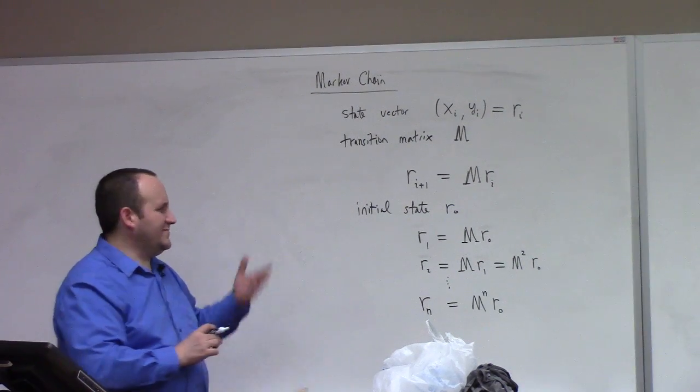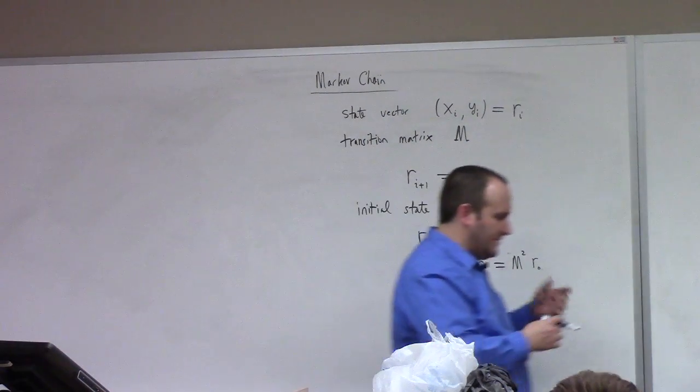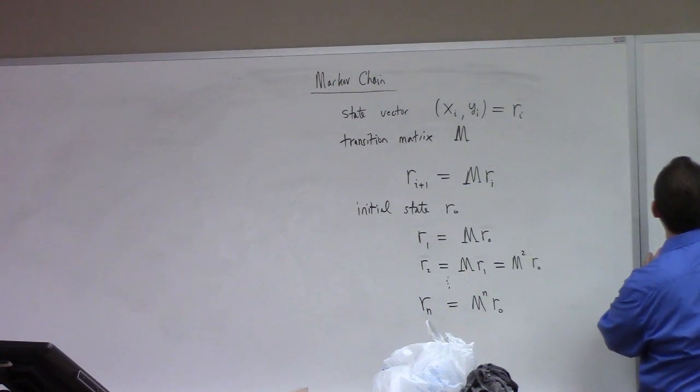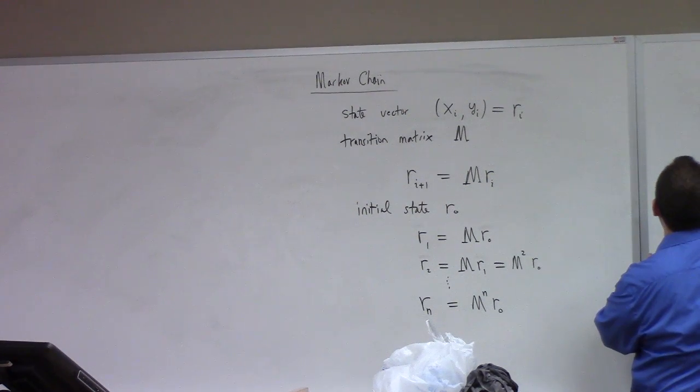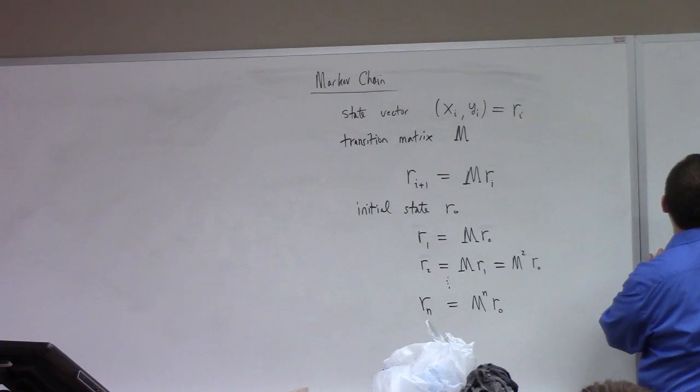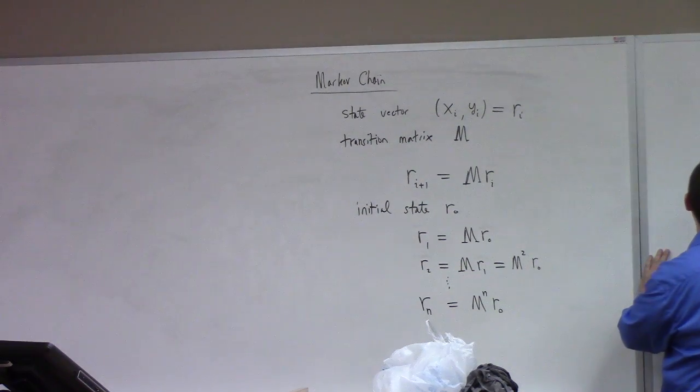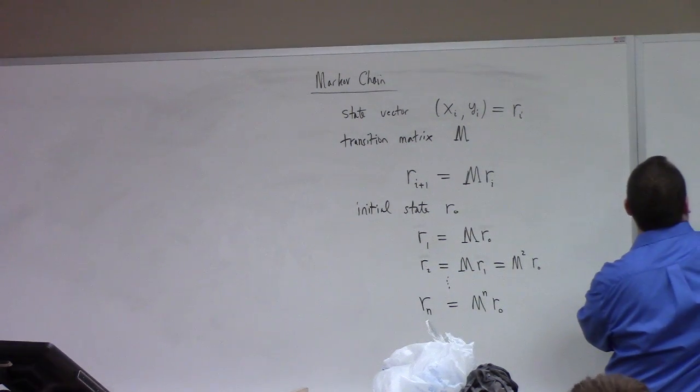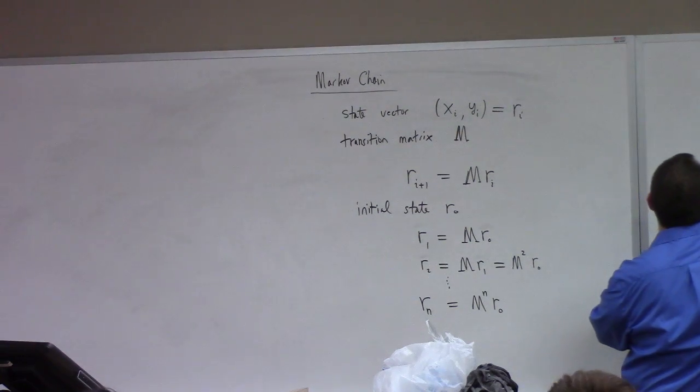So the way this works is something like, let's say x_i could equal the number of cats, and y_i could equal the number of dogs.